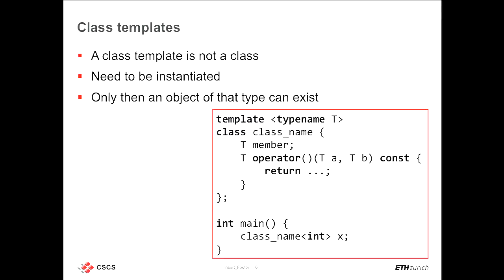There's no way I can deduce that this is integer from this syntax. Even if there were a constructor that takes an integer of the same type as the template argument, no way. With constructors you cannot deduce the template argument of a class. You need to specify it all the time.